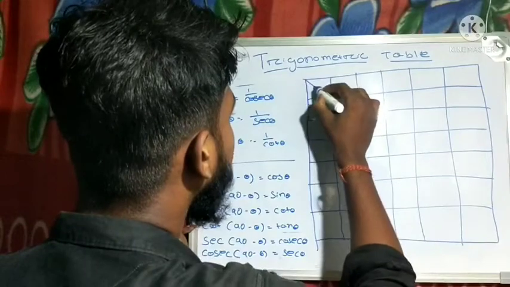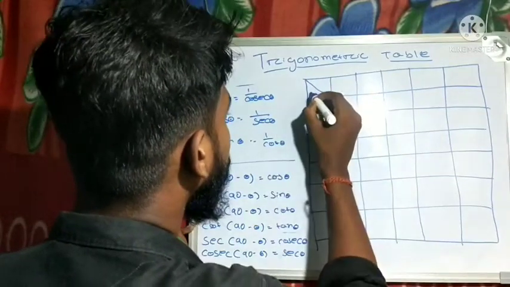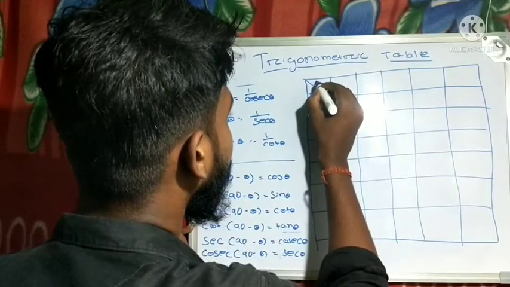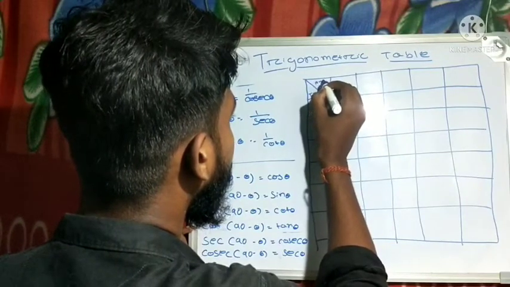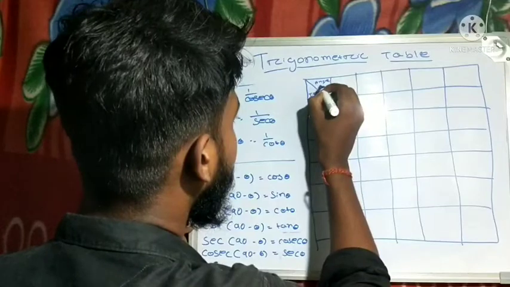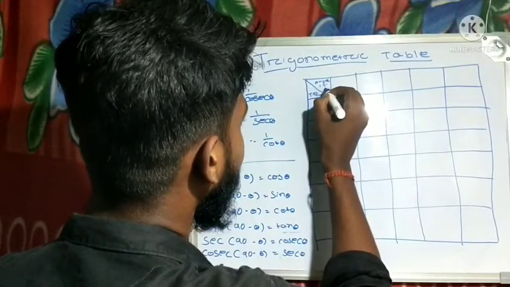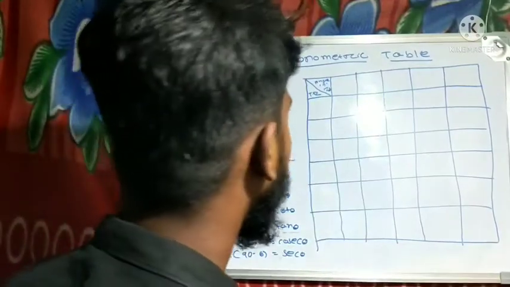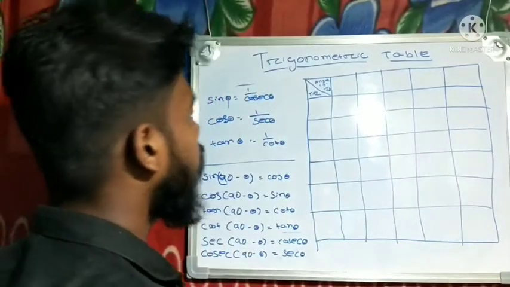See here, these are your trigonometric ratios, and this is the angle in degree and also in radian format. I don't know whether you know radian or not, but this is also very important in your +2 career.